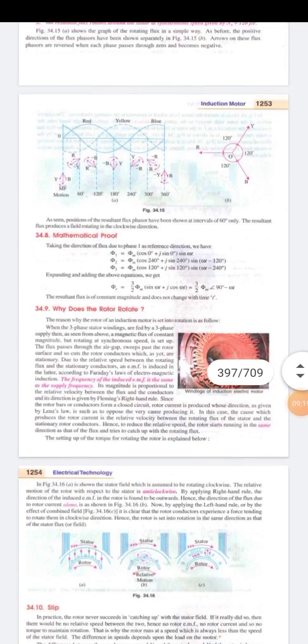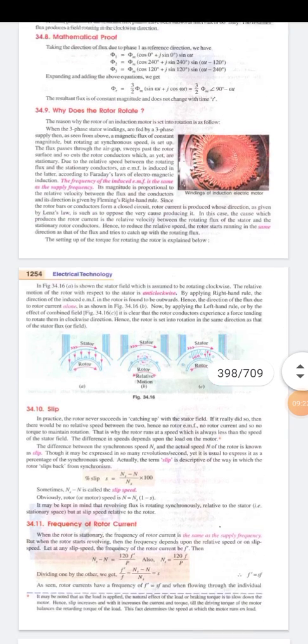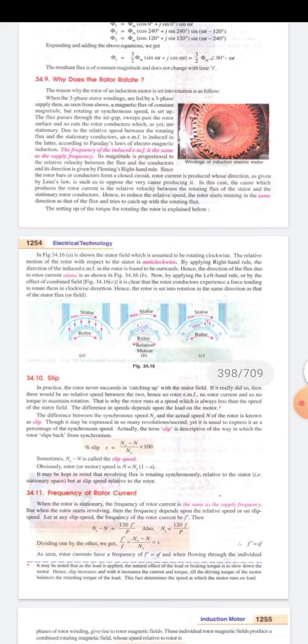Now let us know why the rotor rotates. The reason for the rotor of an induction motor starting rotation is as follows. When a three-phase stator winding is fed by a three-phase supply, then as seen from the above, a magnetic flux of constant magnitude but rotating at synchronous speed is set up.